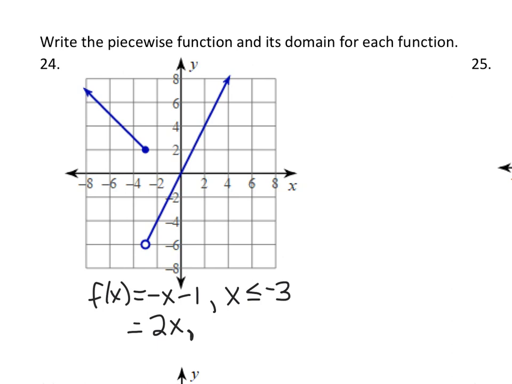For this other line, though, it begins at -3 also, but it doesn't include it, and all of its points are greater than -3. So the way we would write that is just x is greater than -3. And so this is our piecewise function, and this is how you would write the equation for it.